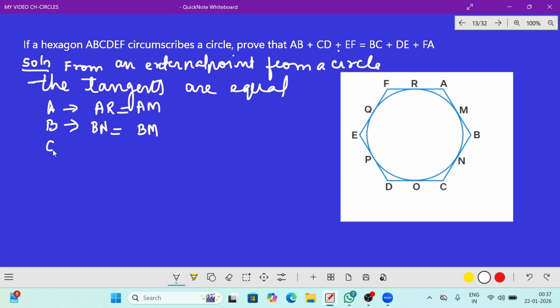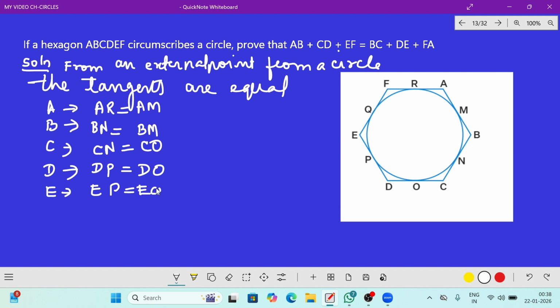From the point C, we have CN is equal to CO. From the point D, we have DO is equal to DP. From the point E, we have EP is equal to EQ.